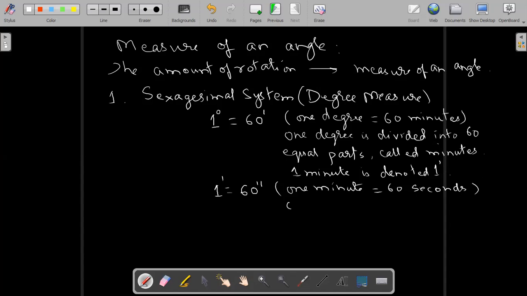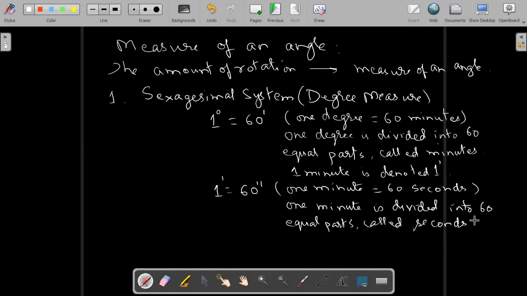Each part is called a second, and 1 second is denoted by one double dash.